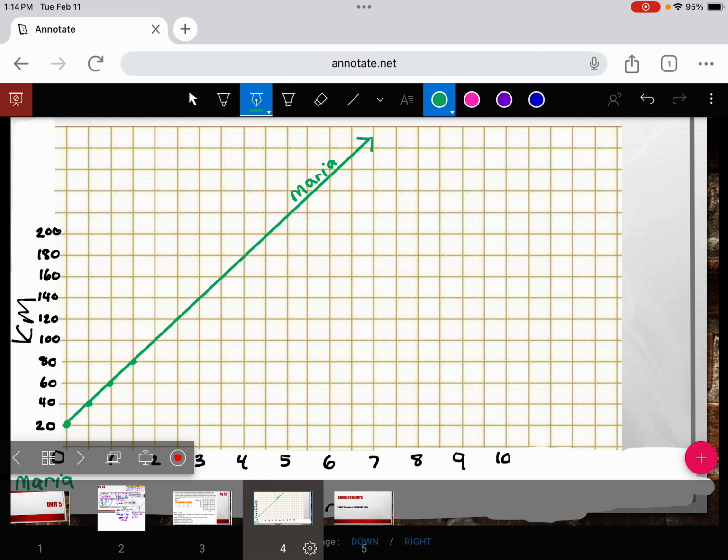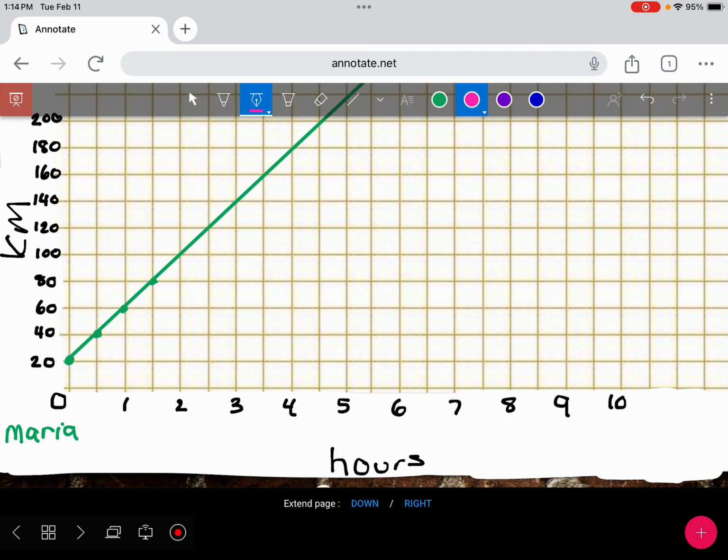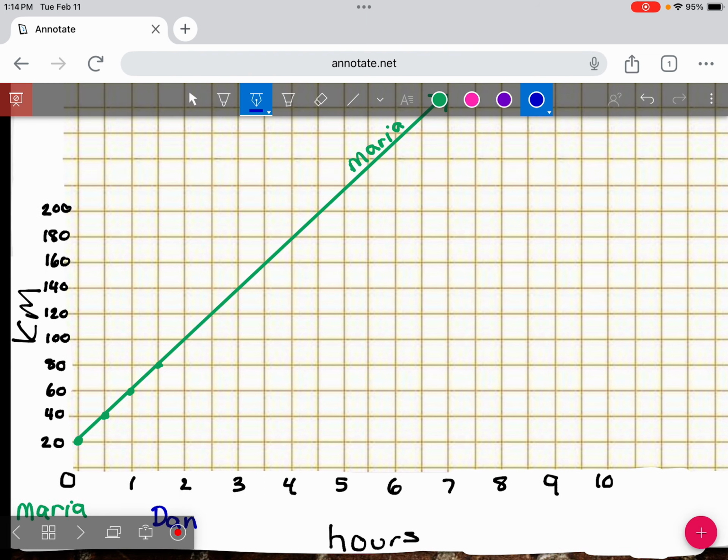All right, I'm going to do Dan's next, just because I feel like a lot of you guys have Dan's. I'm going to do Dan in blue. And Dan is at 1 hour. He's at 70 minutes, so he's about here.